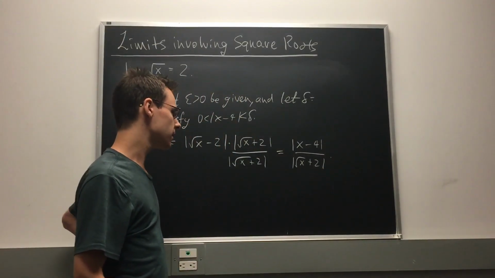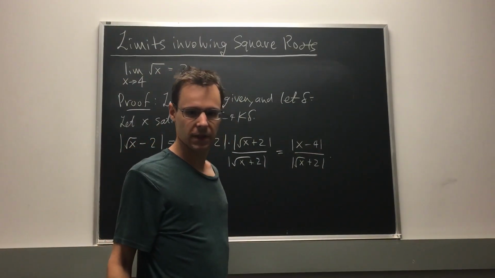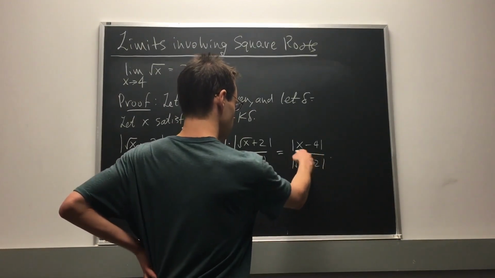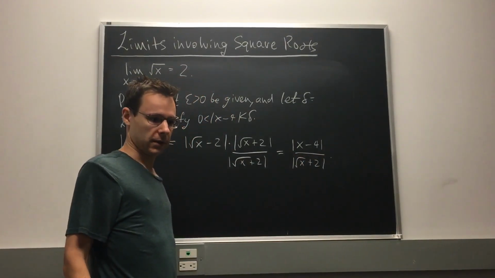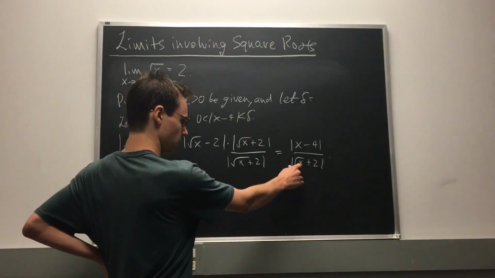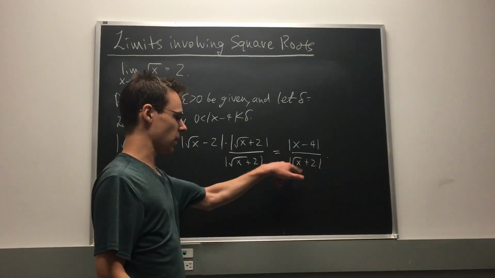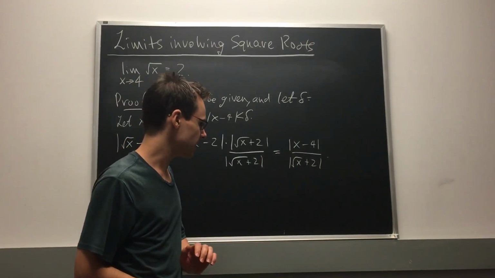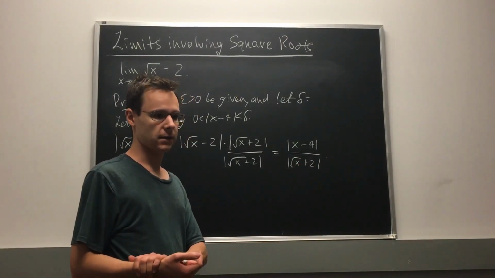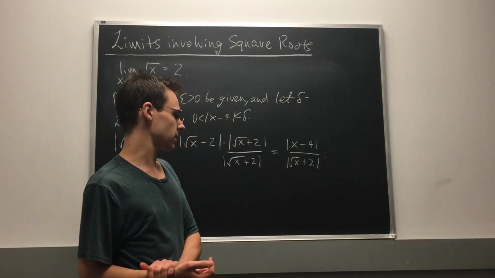All right, so this is looking good. We know that the top, the numerator, is less than delta. We want to replace the denominator with a constant. Okay? We don't want this variable x. Well, the first thing actually that we can do is drop the absolute value, because look, we don't even need it. 2 plus root x is always positive, since root x is always positive. Okay?